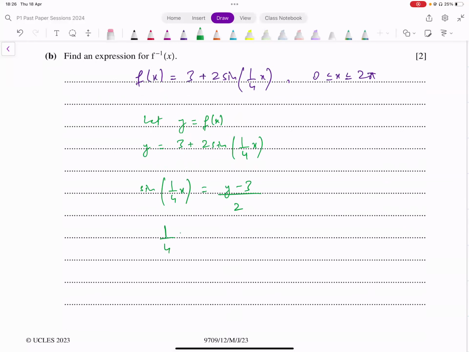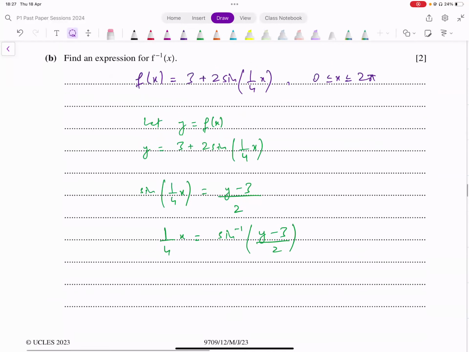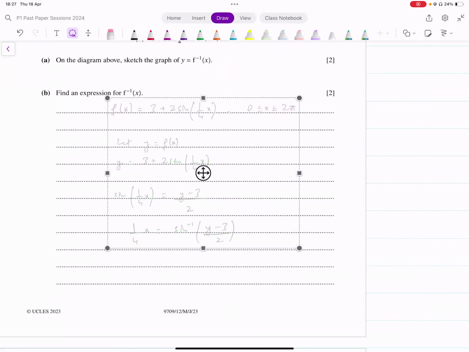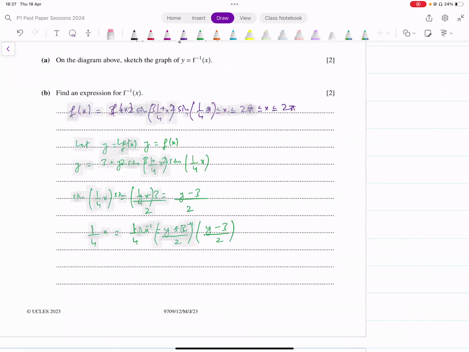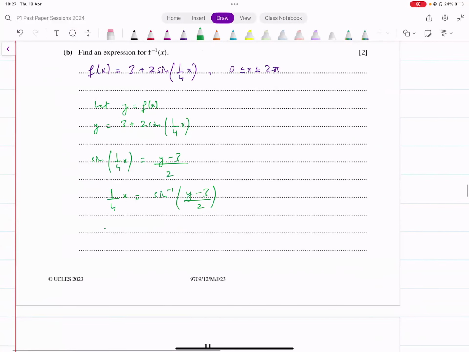So it is 1 over 4x equals sine inverse of y minus 3 divided by 2. And now 4 goes to the other side, gets multiplied, and you end up getting x equals 4 sine inverse of y minus 3 divided by 2.